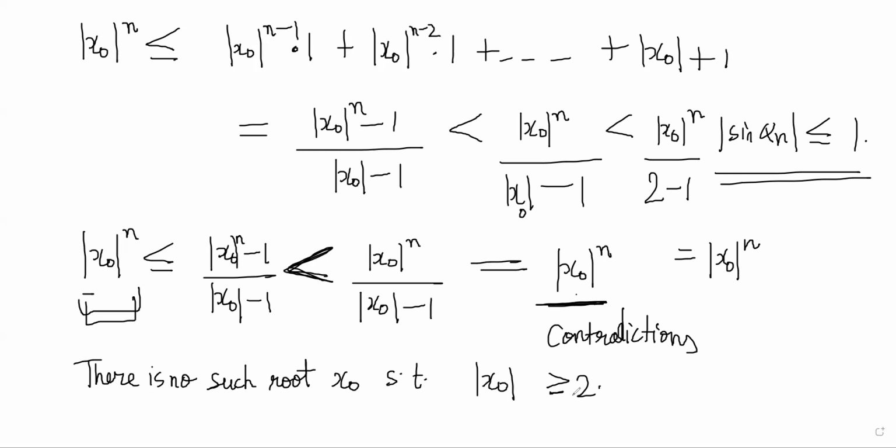Now, the next problem that I want to discuss is basically the last one. This is the question. Let a naught, a1, up to a n minus 1 be a regular n polygon.